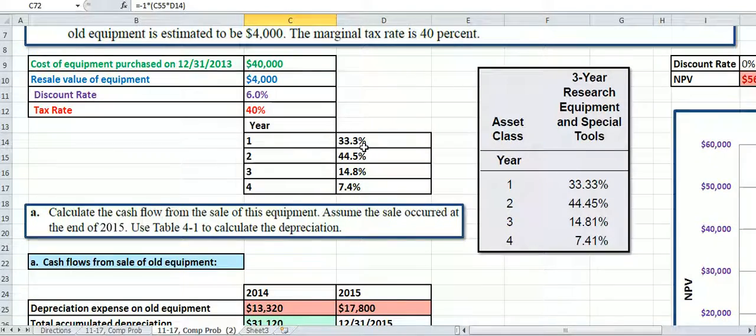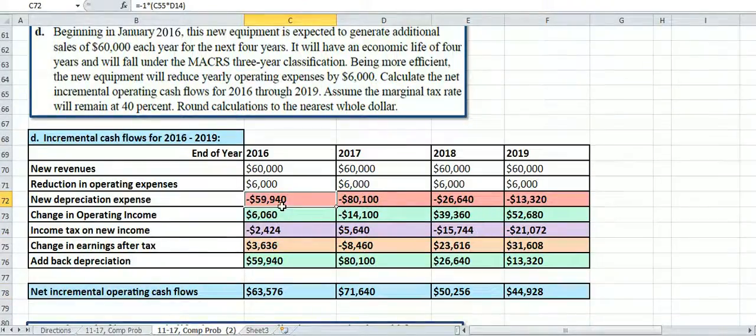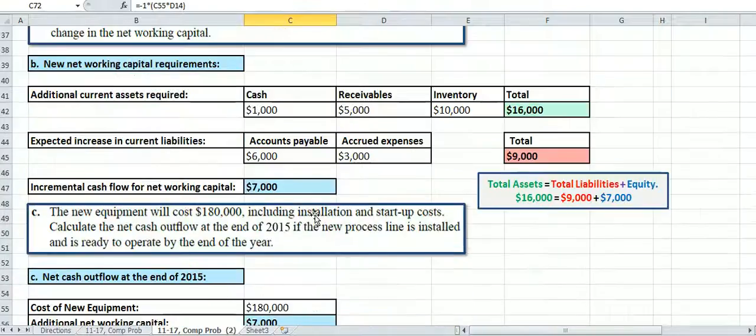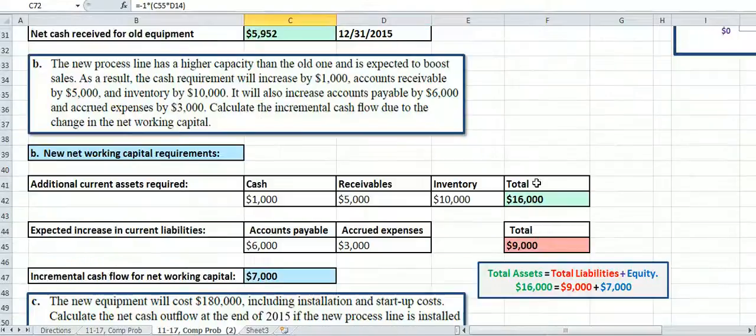This is actually D14. So I've actually computed down here the depreciation percentages for each year using a table or a schedule right here, from the 3-year MACRS class schedule.